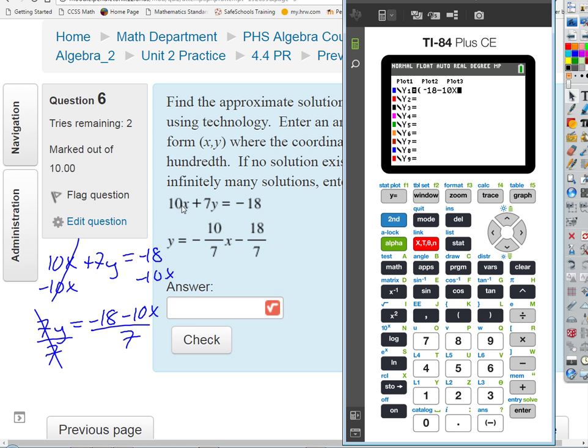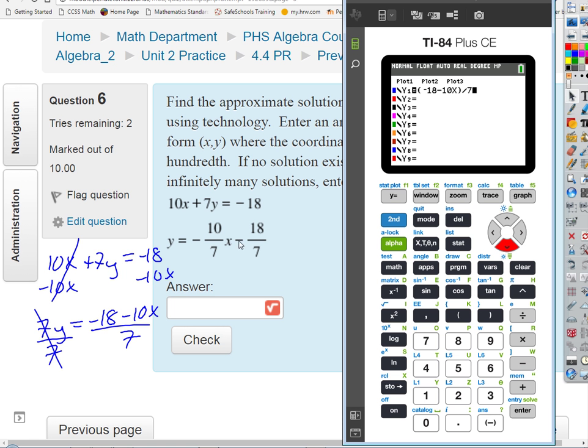Then I close the parentheses, which means I'm going to take that whole thing divided by the coefficient of y, which is 7. So that's an easy way to do it, right? Open a set of parentheses, start with negative 18, subtract 10x to that side, close the parentheses, and divide the whole thing by 7. Okay?